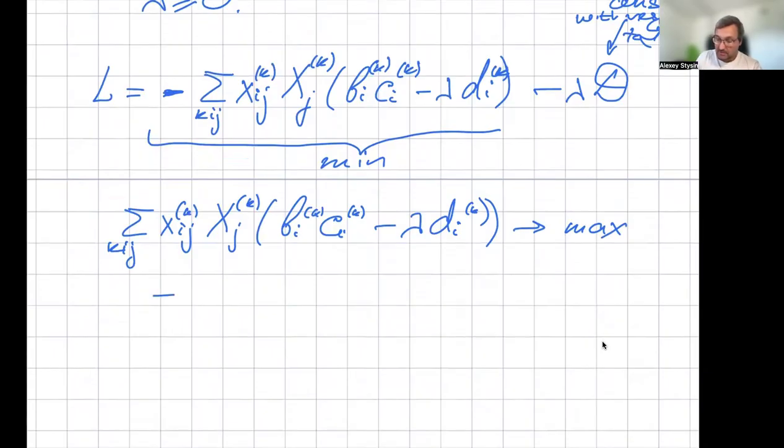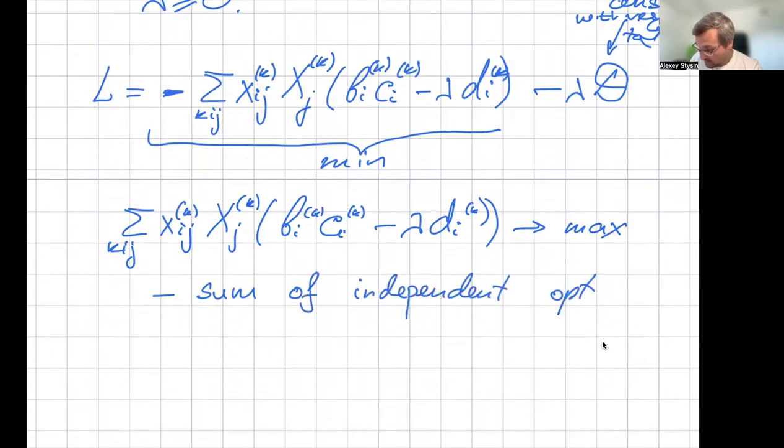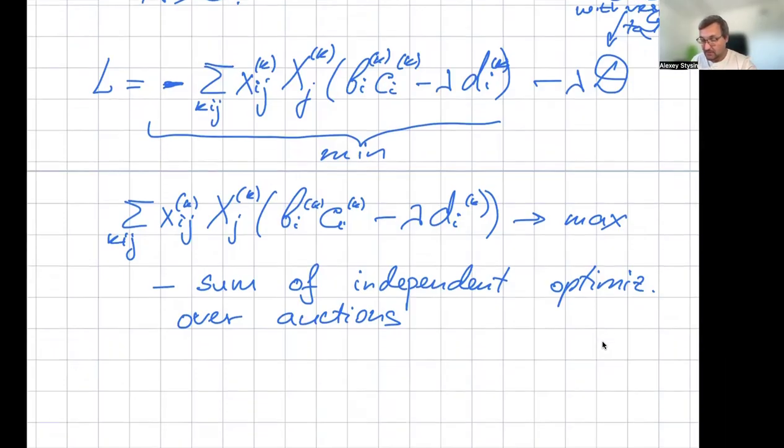The first thing that we want to note here is that this is a sum of independent optimization problems over auctions. Each optimization problem for an individual auction is independent of the rest.